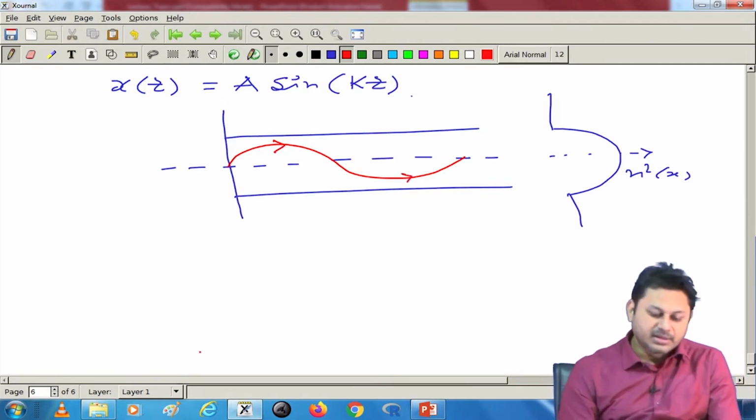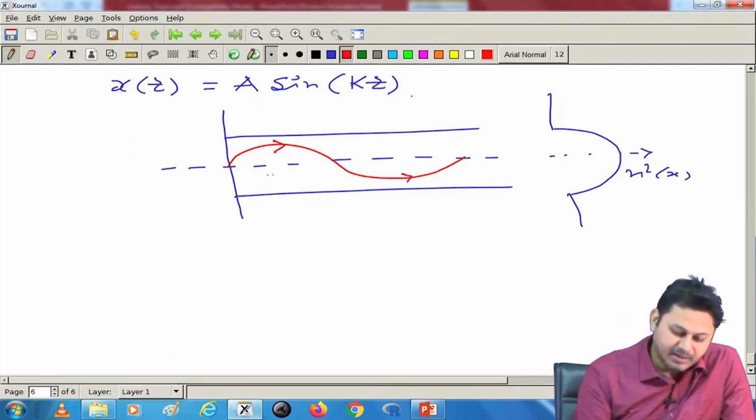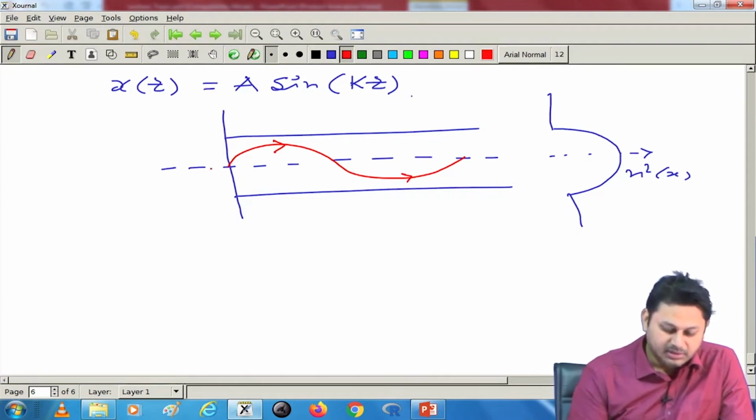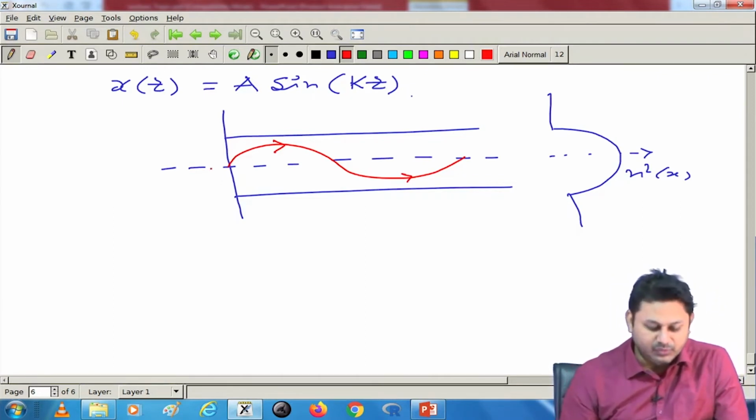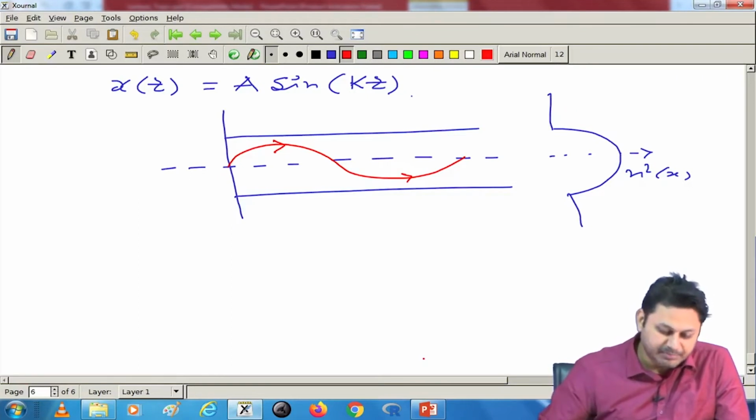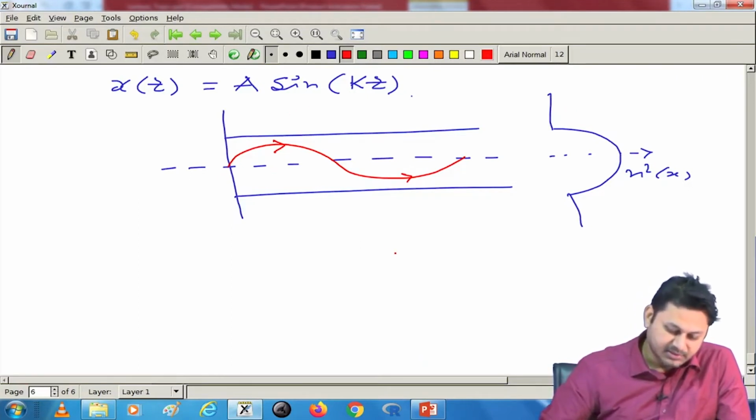Now, again another boundary condition. So, this is the amplitude, A is the amplitude of this sinusoidal wave. So, I can also find out this amplitude A in terms of another boundary condition.